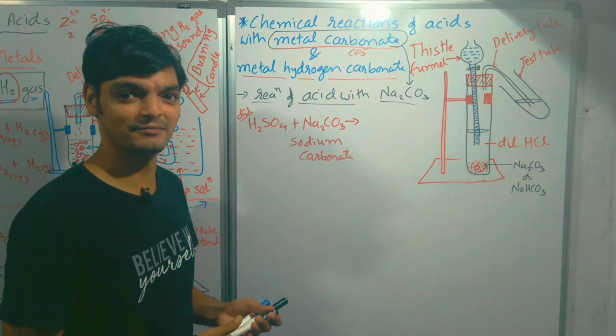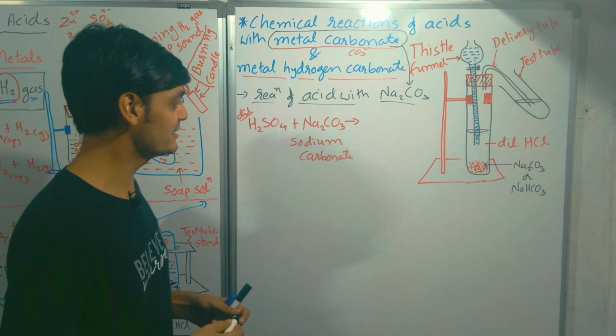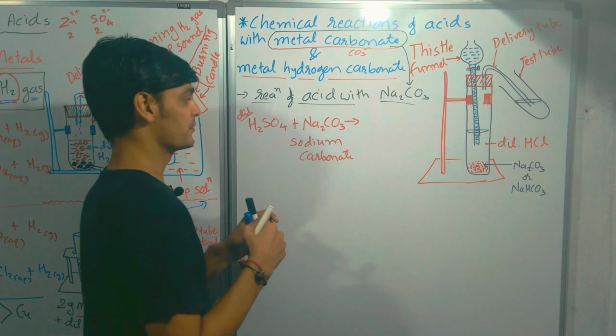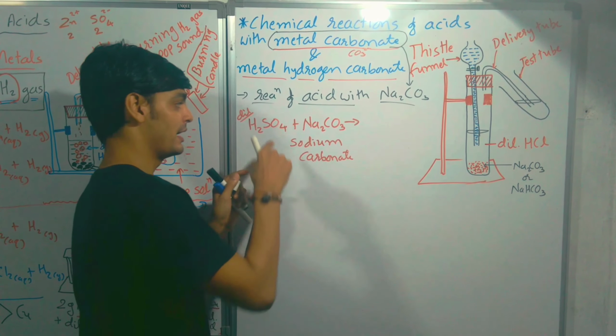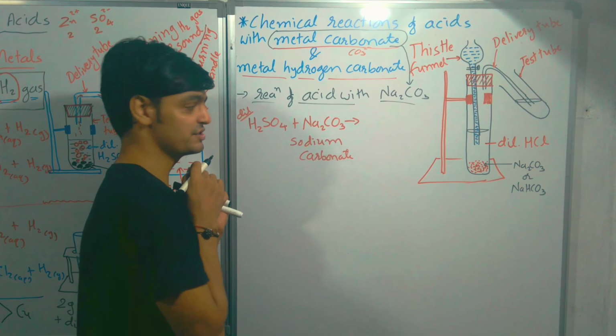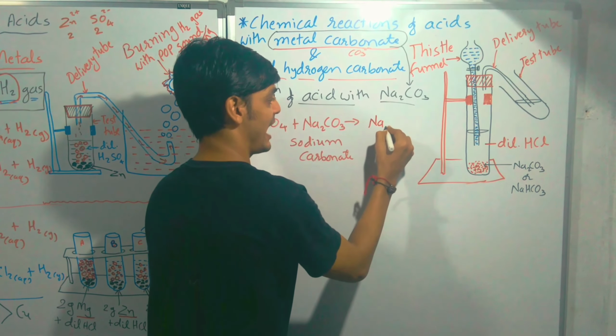So three products will be there. One is fixed. Which one? Carbon dioxide. And another two products. Let me write here salt, metal salt. Which metal salt? Sodium is positively charged, SO4 is negatively charged. So which salt will form?